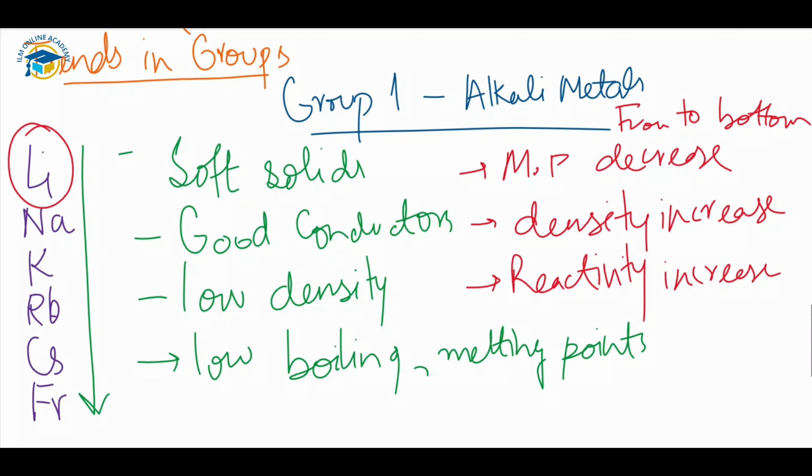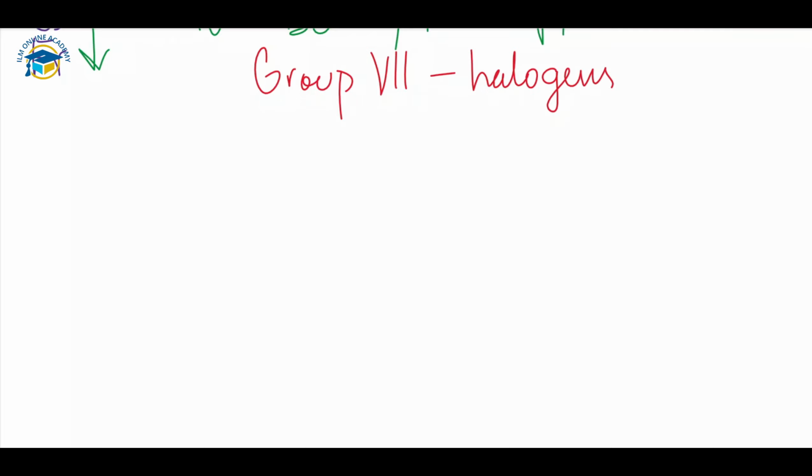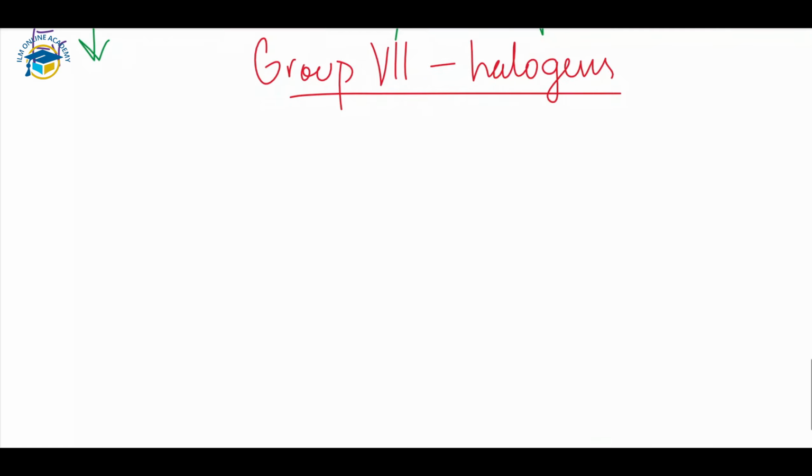In the next group, which we will discuss today, the properties and the trends across the group, the second one is group number 7, the halogens. First, I will tell you about the elements that are present there.